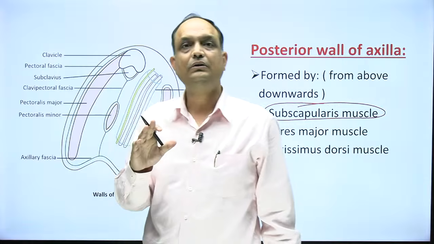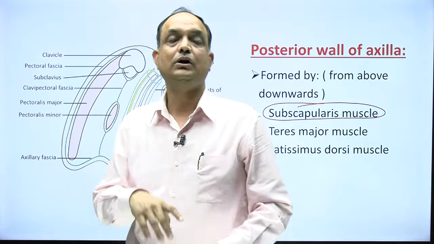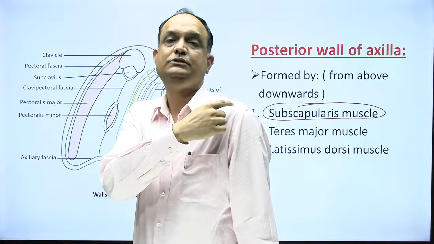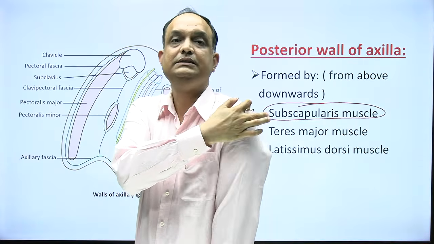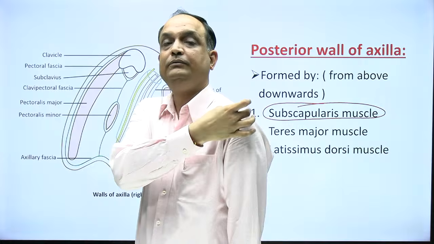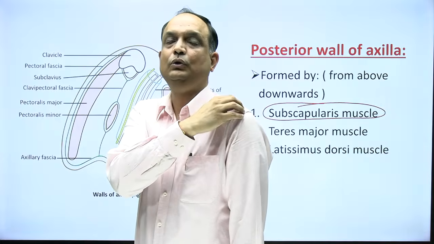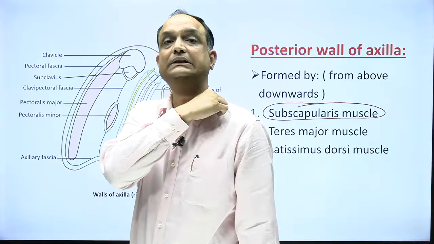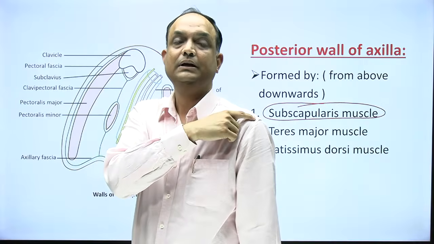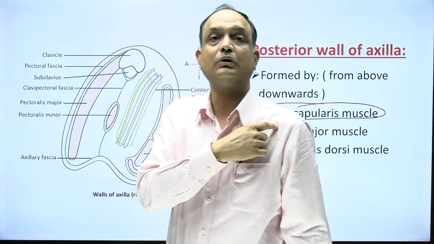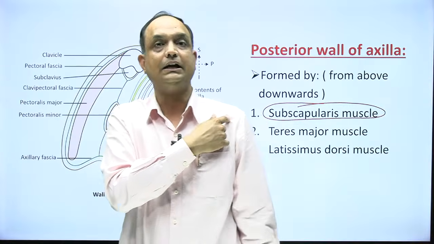Now you have to understand, when you are talking about the insertion of muscles here, we will have subscapularis, supraspinatus, infraspinatus, teres minor. Supraspinatus will come above the joint, so it will never contribute to the anterior or posterior axillary fold. But subscapularis will come on the lesser tubercle, which is anterior.